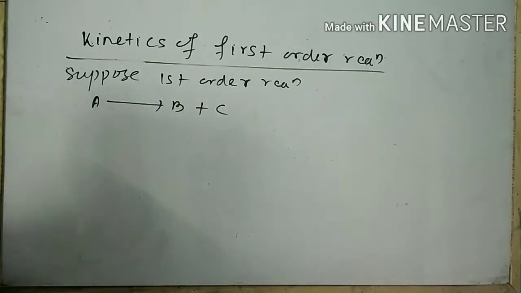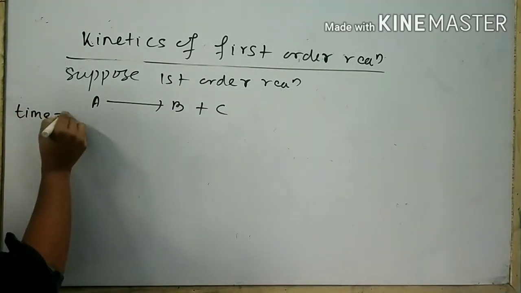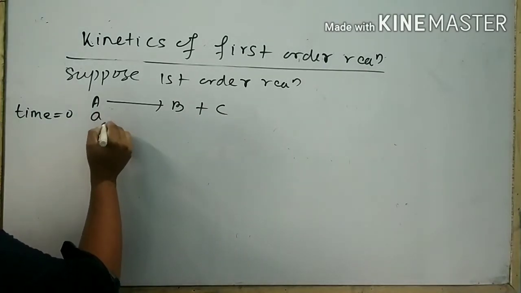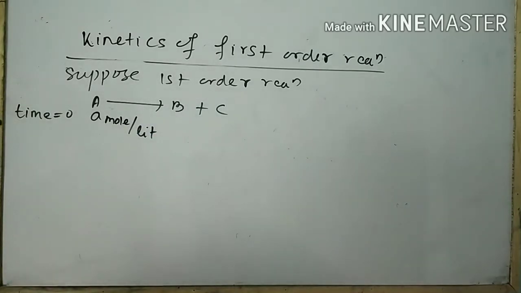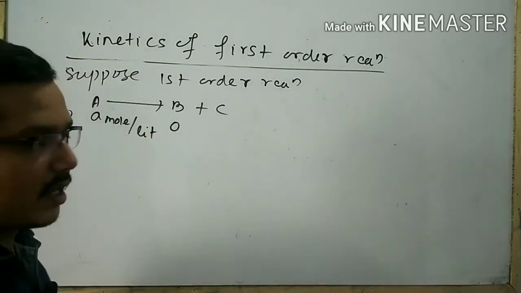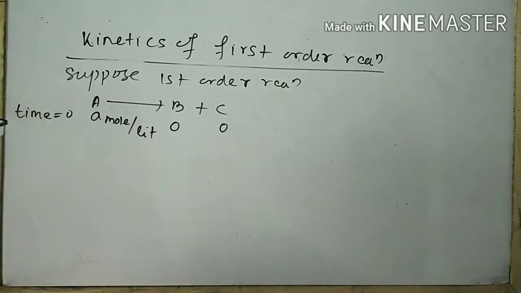At the initial condition, the time is equal to 0. Suppose the concentration of A is a moles per liter. At the initial state, that is t equal to 0, the concentration of B is 0, and the concentration of C is also 0.